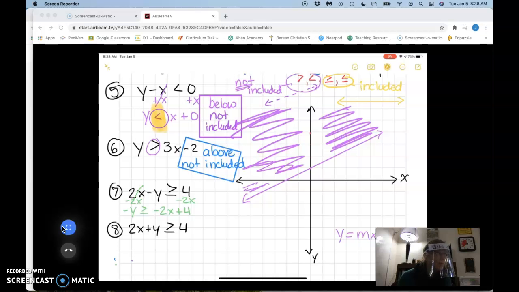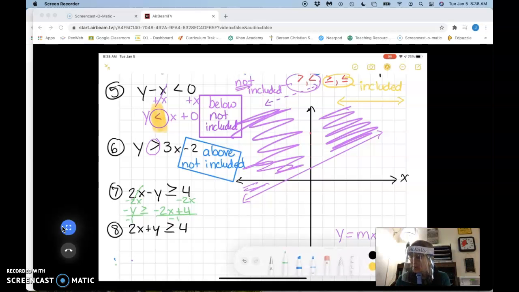No. I cannot have a negative on the y. I have to get rid of it. So what I am going to do is divide both sides by -1 to get rid of that negative y. When you divide an inequality by a negative number, you have to flip the sign.